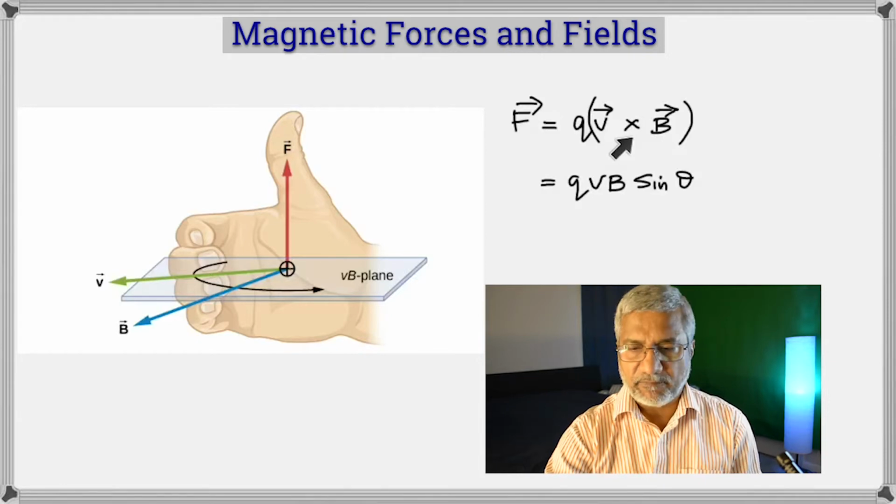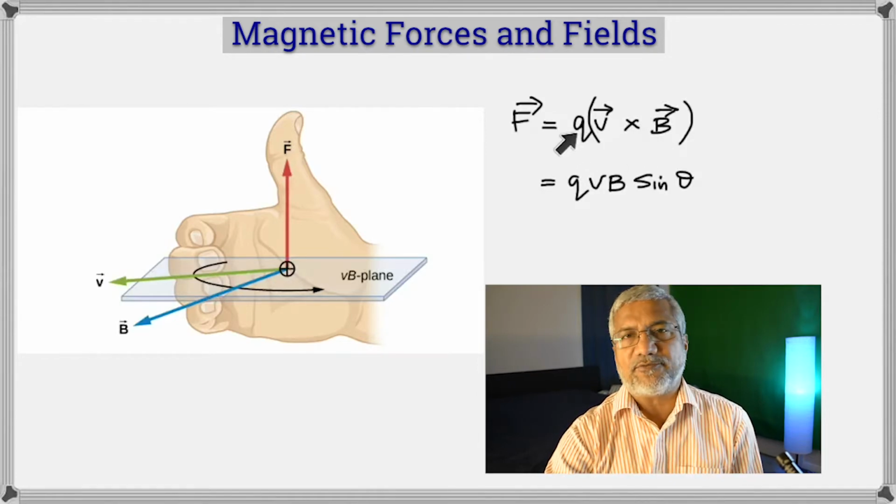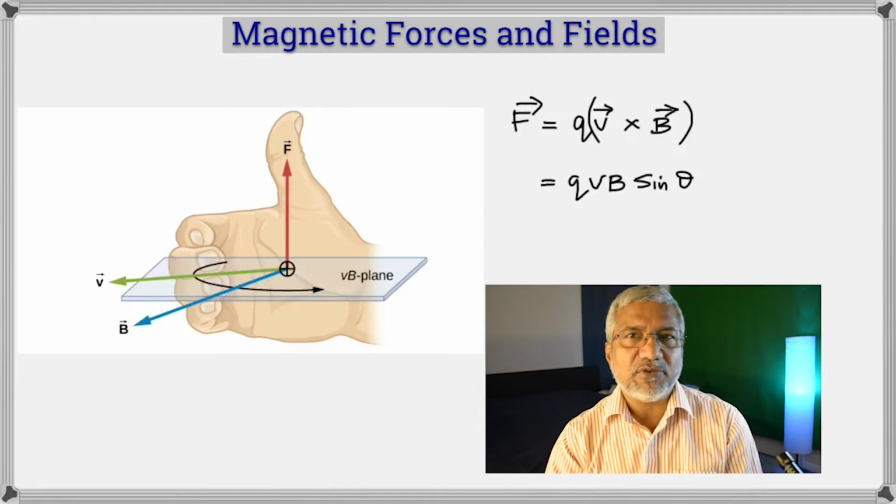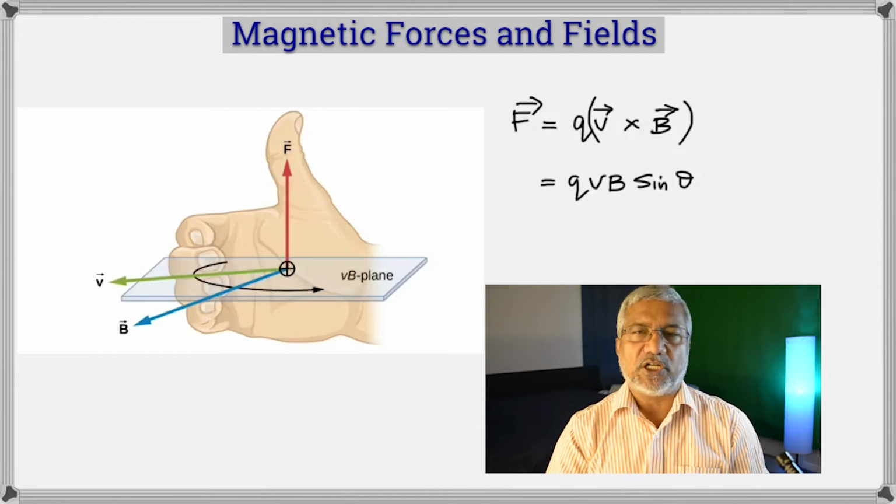No force acts. Also, if the velocity is 0, you multiply anything with 0, it becomes 0. So no magnetic field, no force. No velocity, no force. And no charged particle, of course, no force. Okay, so that's the magnitude of the force acting on the charged particle.